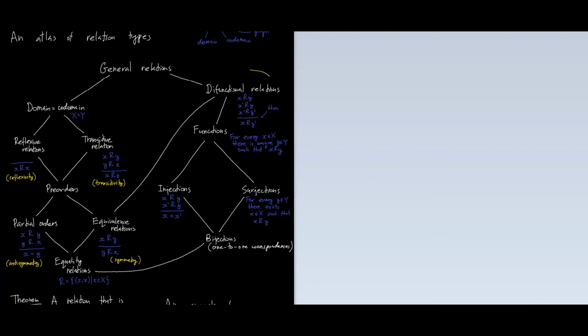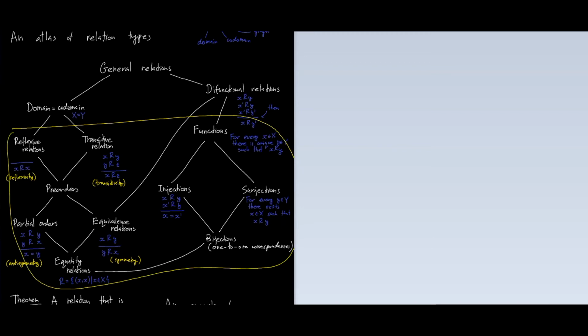The difunctional relations do have some uses, but they're not so significant as the rest, as these ones are. And there are many other types of relations one can introduce and that people study and so on.